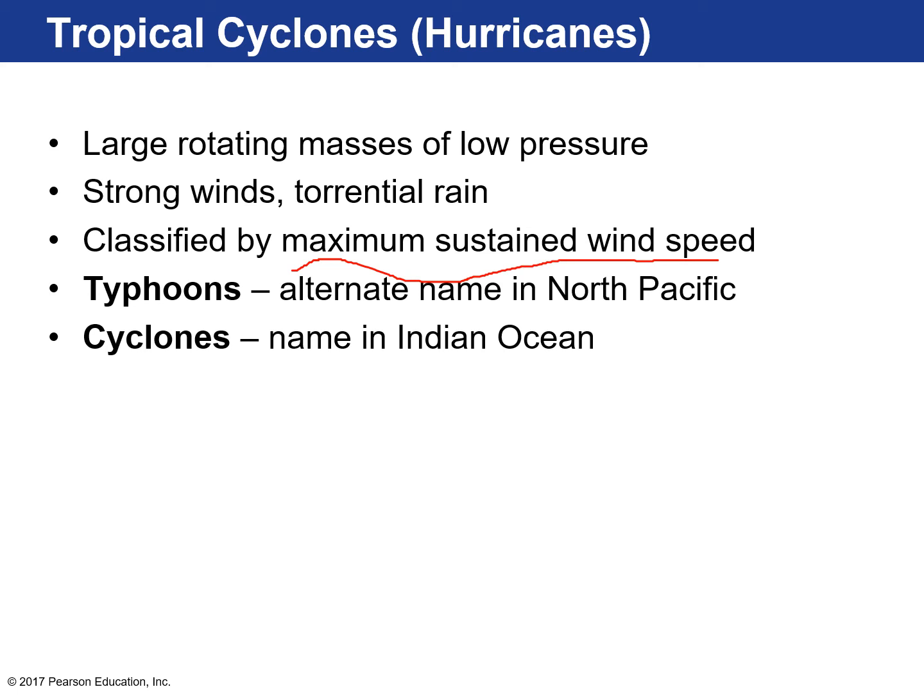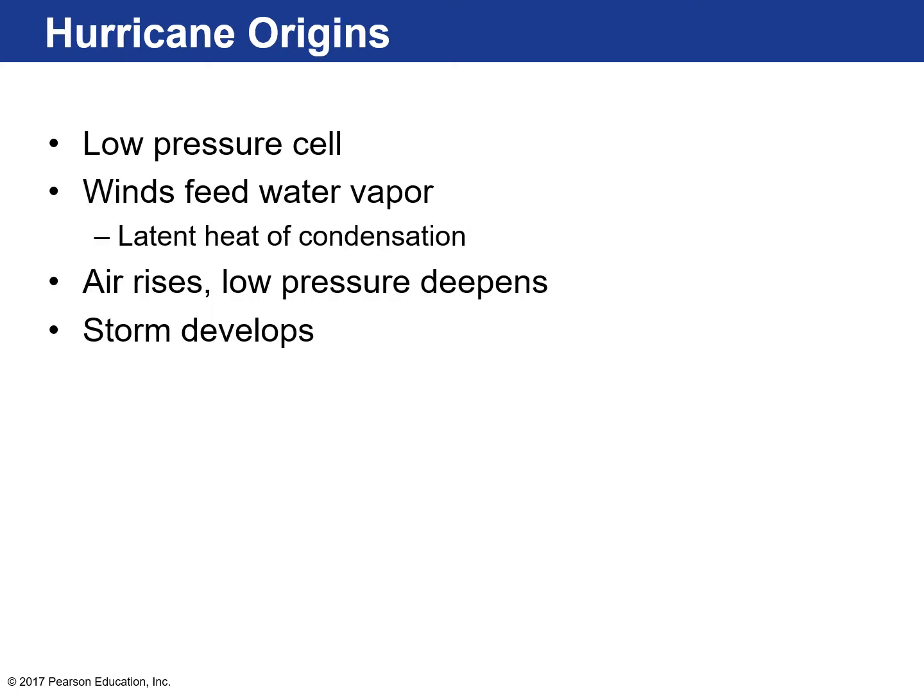Okay, there are tropical cyclones all over the world. We call them hurricanes. In the North Pacific, they're referred to as typhoons, and in the Indian Ocean, they're called cyclones.